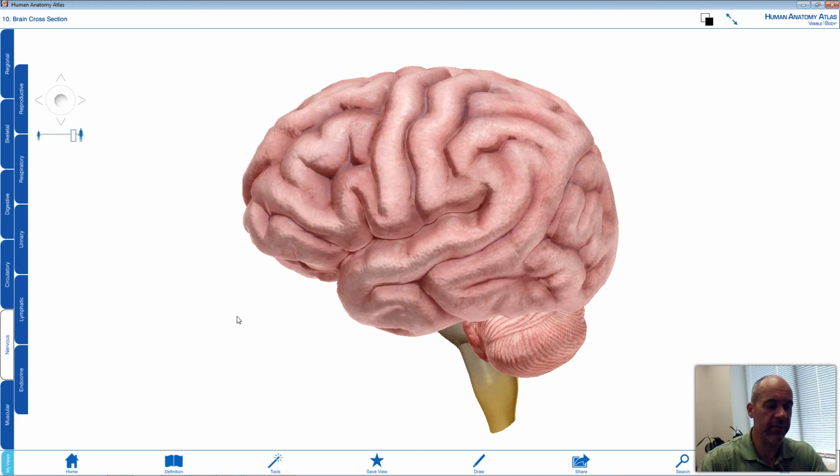Spinal nerves branch off of the spinal cord, and then those nerves extend outward to all the various parts of the body. Most parts of the body are innervated, served by the peripheral nerves and their branches that perform the different functions that you're learning over on the physiology side. All right, so for this first video, we're going to cover brain anatomy.